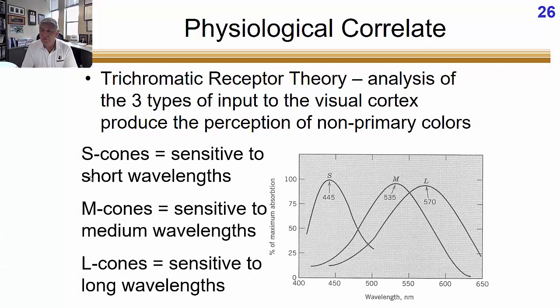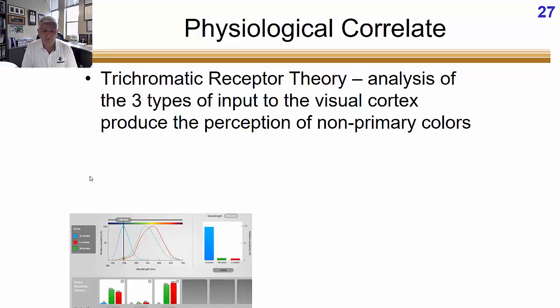And that's because the blue wavelengths of light are activating short cones, the green are activating medium, and the red are activating long. And so we're essentially putting neural inputs into those three different types of receptors.